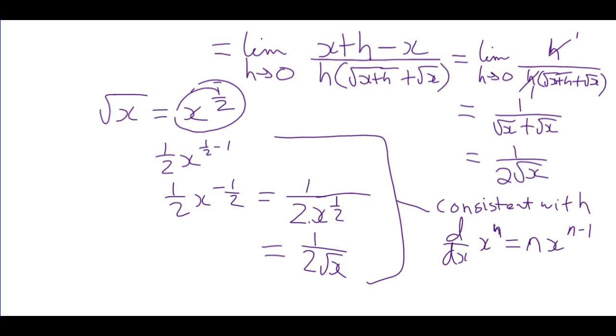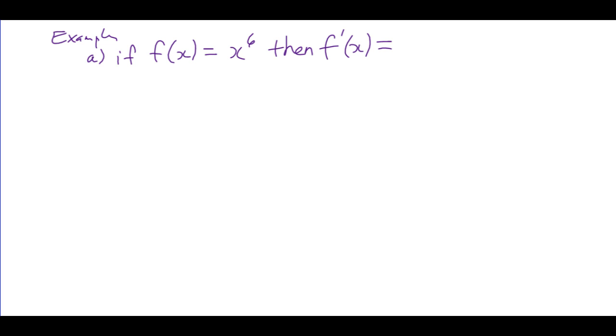So let's do a few examples. If f of x is x to the 6th, then f prime of x is 6x to the 5th.